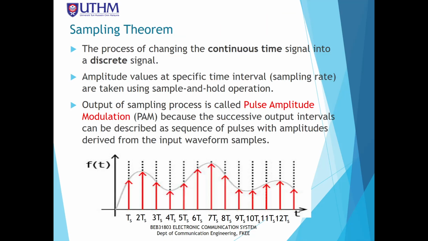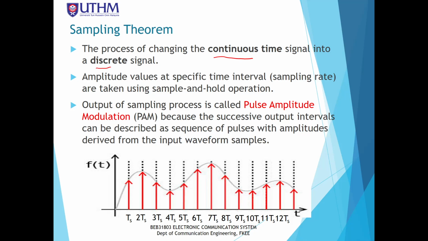So let's look at the first process, which is sampling. Sampling is a process of changing a continuous time signal into a discrete time signal. Amplitude values at specific time intervals are taken using a sample and hold operation.